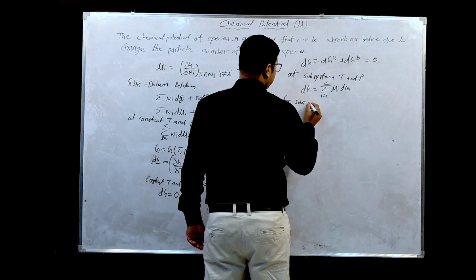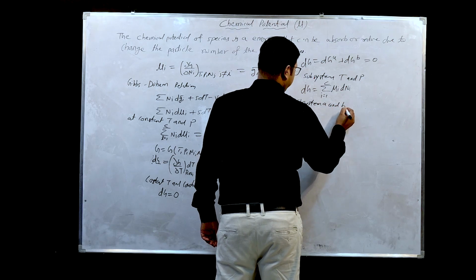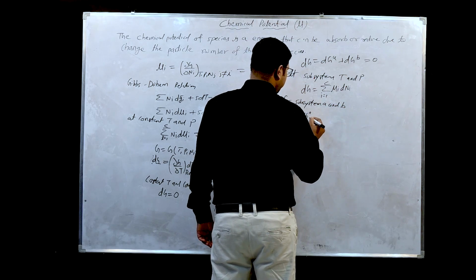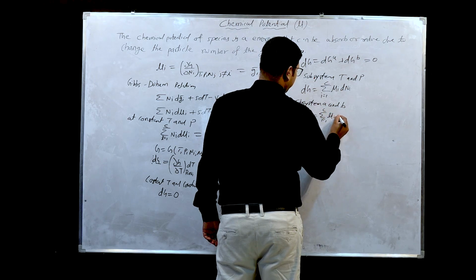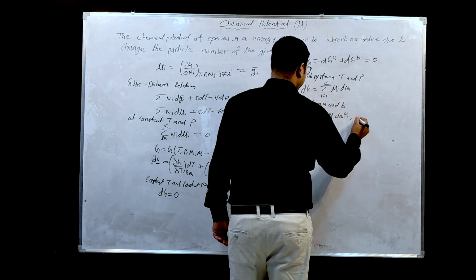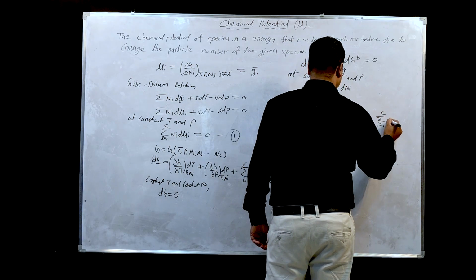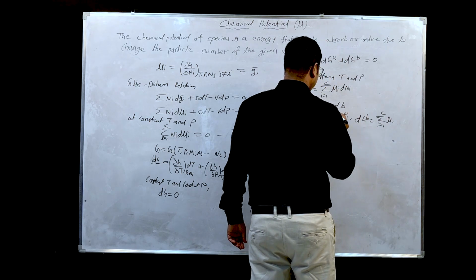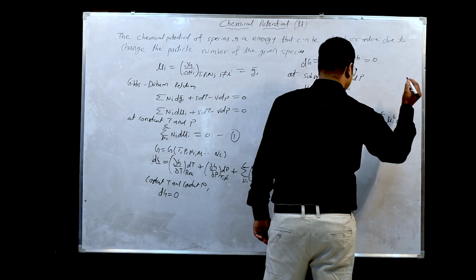So for subsystems A and B, dG_A will be the sum from i equal to 1 to C of mu iA dNiA, and dG_B is equal to the sum from i equal to 1 to C of mu iB dNiB.